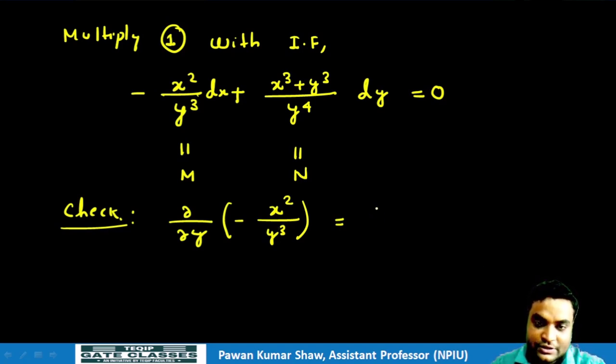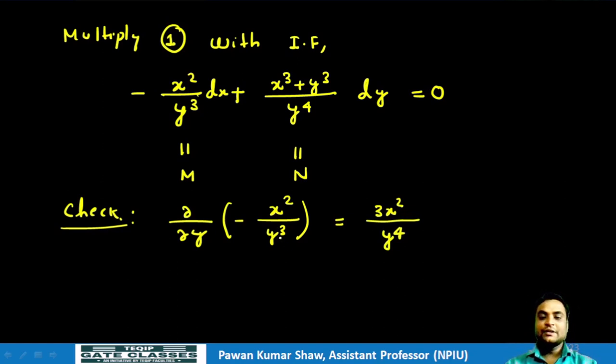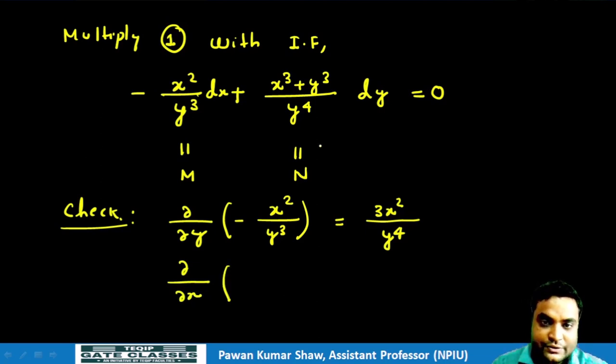We will get 3x square divided by y to the power of 4, because we are differentiating only y. And if you calculate del by del x of this updated N, that is x cube plus y cube divided by y to the power of 4.